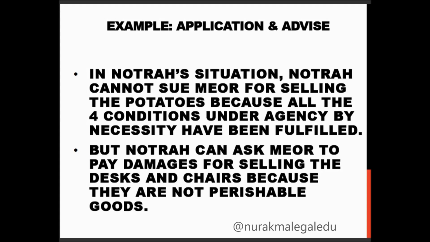Now for Notra. In Notra's situation, Notra cannot sue Mio for selling the potatoes because all the 4 conditions under agency by necessity have been fulfilled. But Notra can ask Mio to pay damages for selling the desks and chairs because they are not perishable goods. Like in the case, it's the potatoes that were rotten, not the desks or chairs.